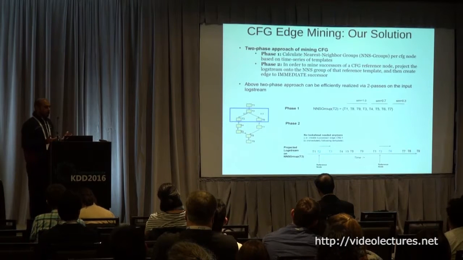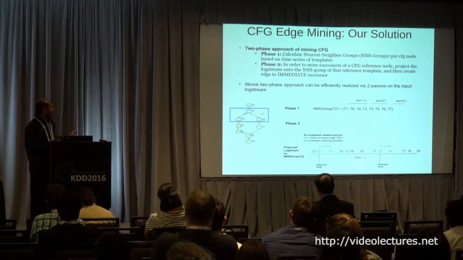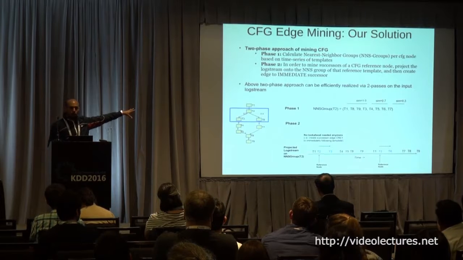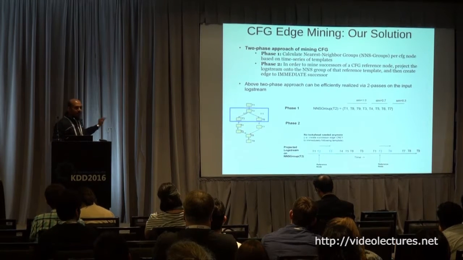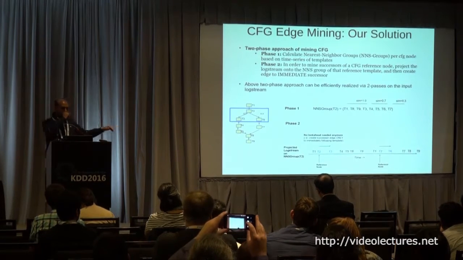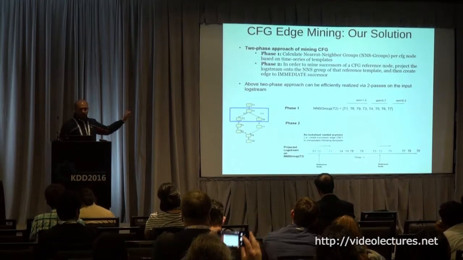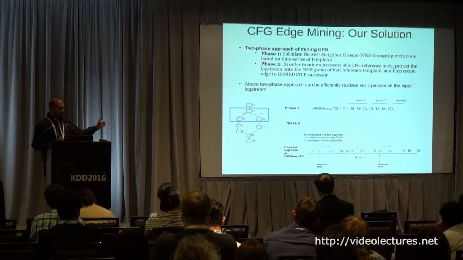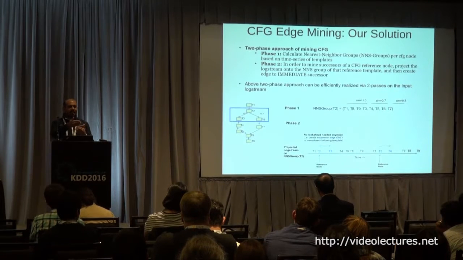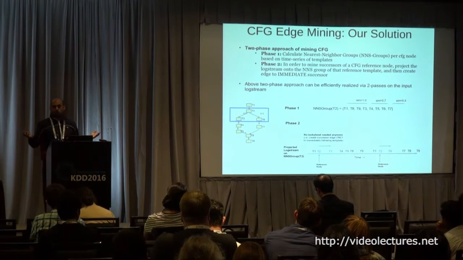The benefit of doing this in two phases is that if I first mine the nearest neighbor groups, then when I'm running this algorithm of incrementing counters, whenever I see a template, for example T2, I skip the succeeding candidates that are not part of the nearest neighbor group.